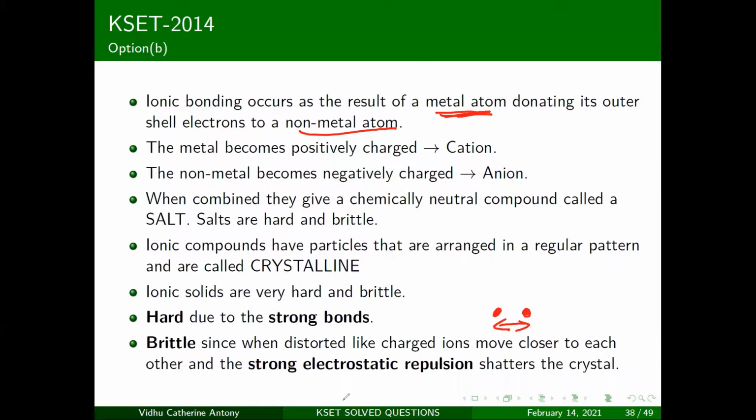Because of that, they become very brittle. They distort the whole structure when they move close to each other, and that shatters the crystal, which is why they're very, very brittle.